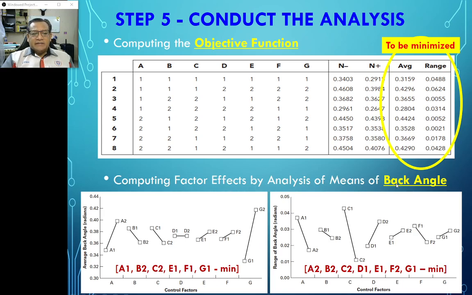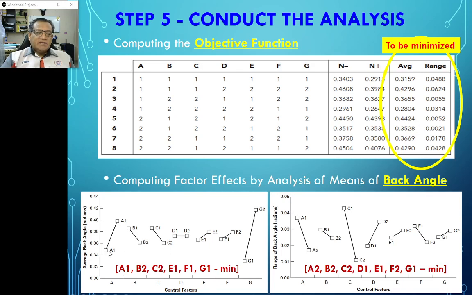by means of angle. So you plot from the higher value to the lower value to the higher value. What are the ranges? So this is the line diagram of the average, which is taken here, and this is the range of back angle measurement, which is derived from here.